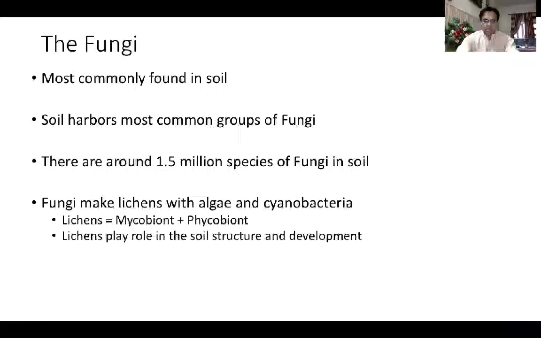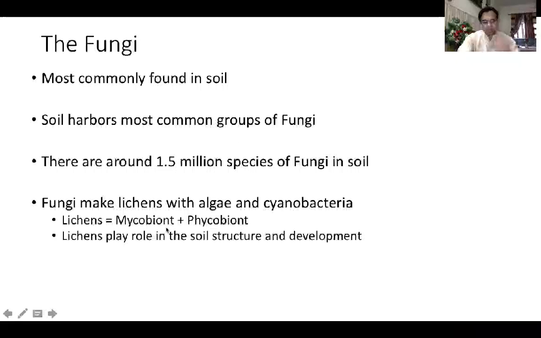This is an autotrophic organism that can manufacture its own food. So this partner is known as phycobiont. Together these organisms grow, and this is a kind of symbiotic or mutualistic relationship.